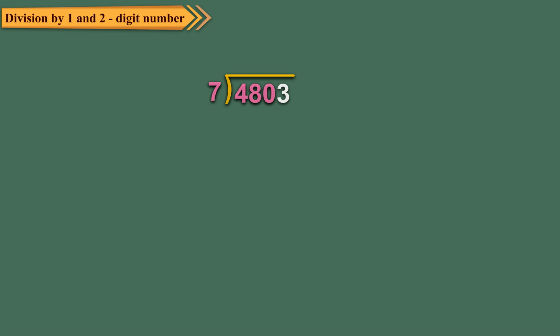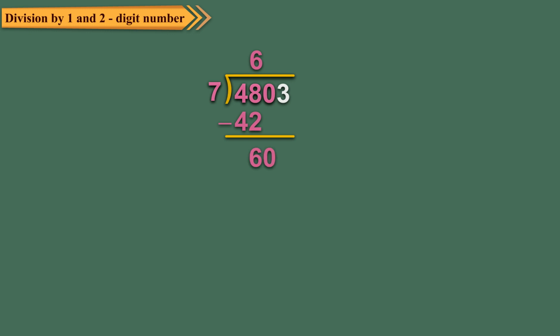Divide 48 hundreds by 7. 7 multiplied by 6 is equal to 42. So write 6 in the hundreds place of the quotient and 42 below 48. Subtract 42 from 48 to get 6.